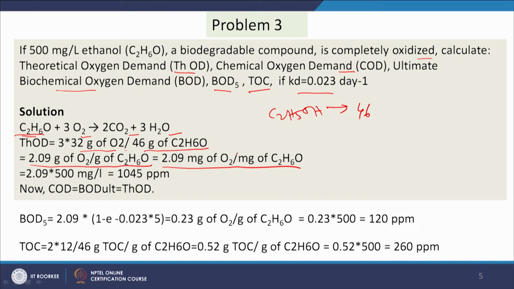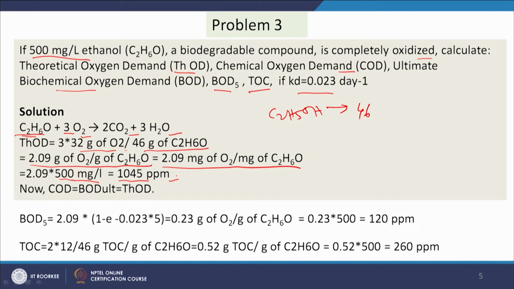Now, what is given is 500 mg per liter ethanol concentration. So, 2.09 into 500 mg per liter will be the oxygen requirement. We multiply 2.09 with 500 and get 1045 mg per liter or ppm. So, that is the theoretical oxygen requirement, that is the theoretical oxygen demand.